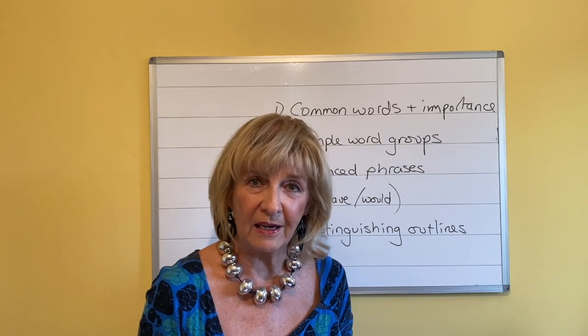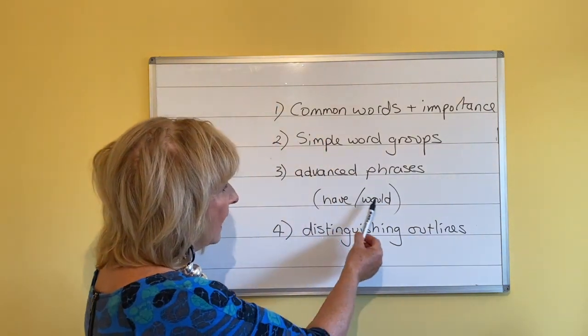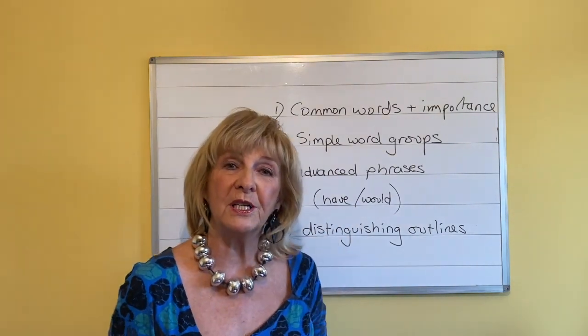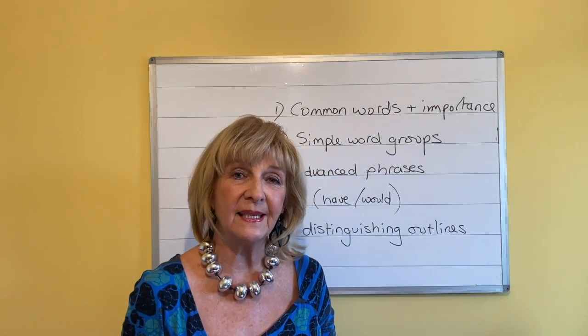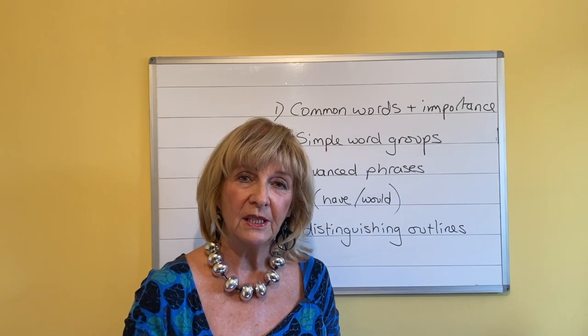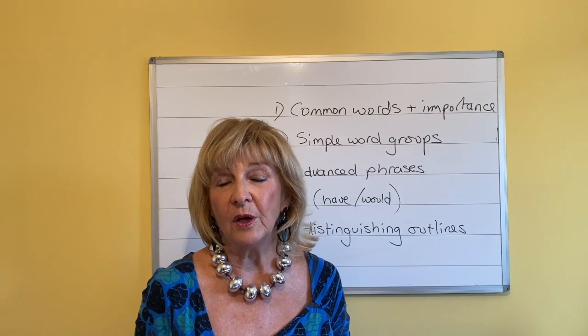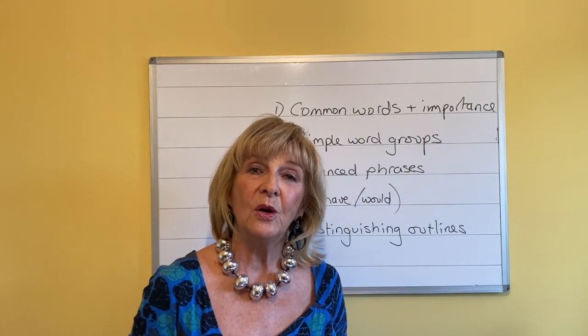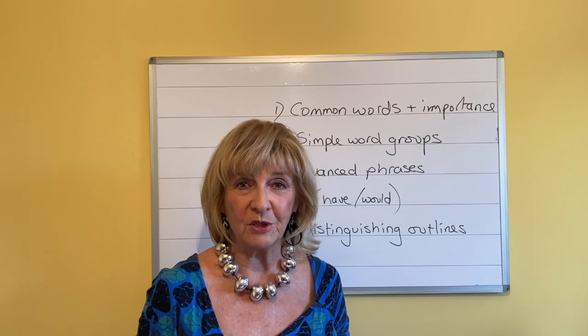We're looking at other advanced phrases now, including the words have and would. And finally, we've looked at distinguishing outlines, when a sentence will not tell us how to read a word, when either would make equally good sense, then we have a pair of distinguishing outlines.